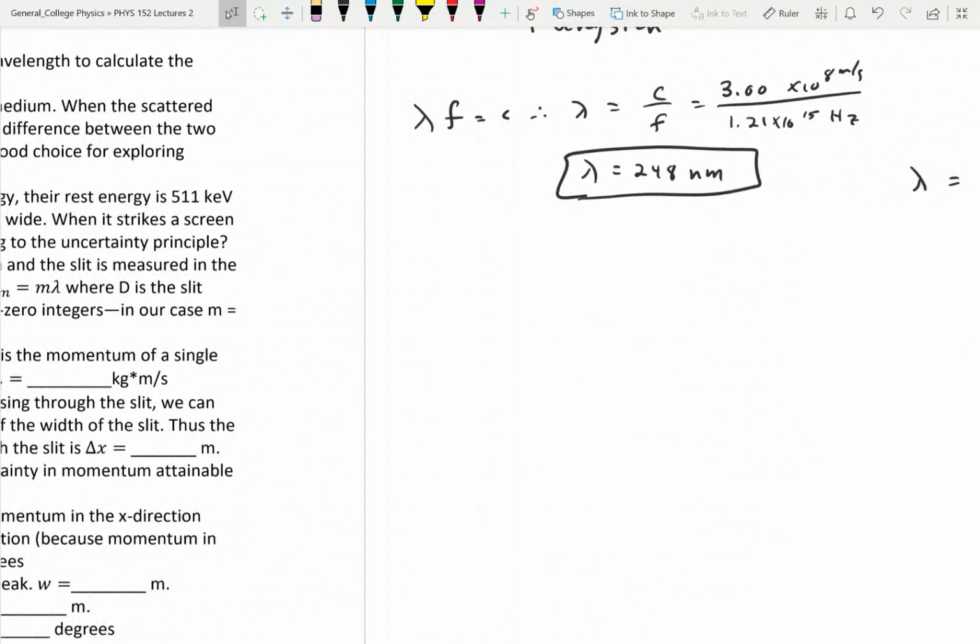Well, Compton scattering, you have light comes in, it hits an electron, the electron scatters like this, and the light scatters like this.